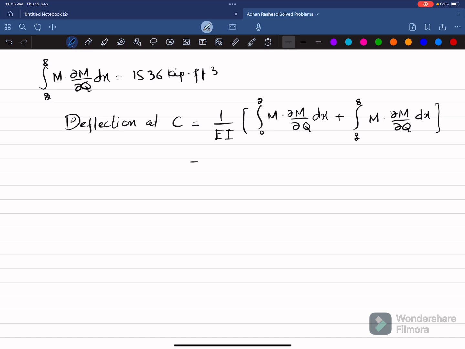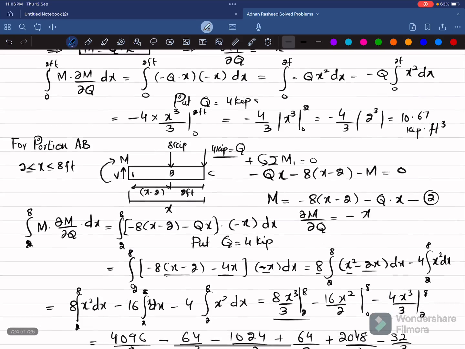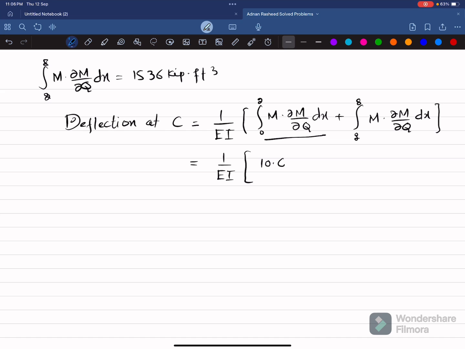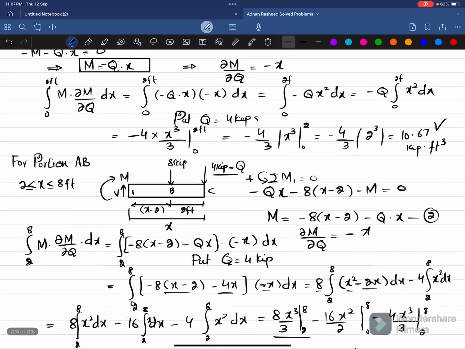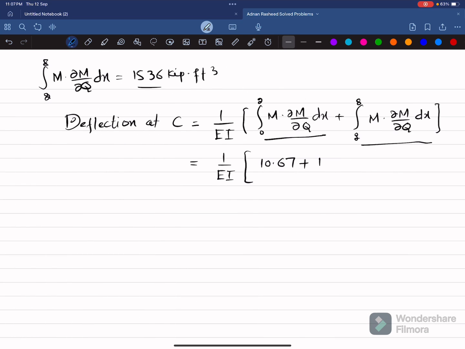It will be the sum of both of these. So just put the value, 1 over EI. Again, this term is equal to 10.67, plus this term which we have found out here, which is 1536. Clear?